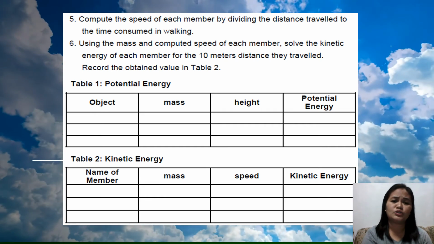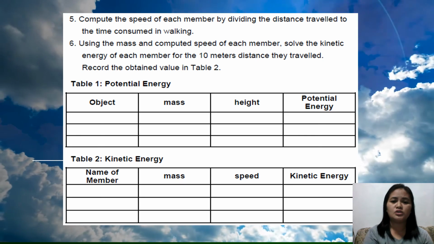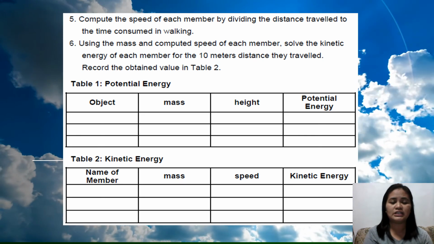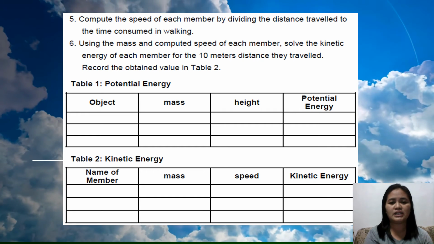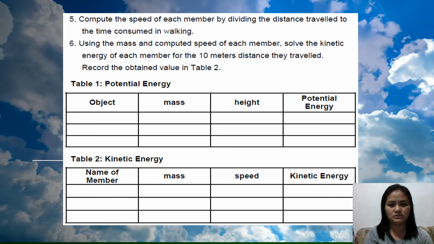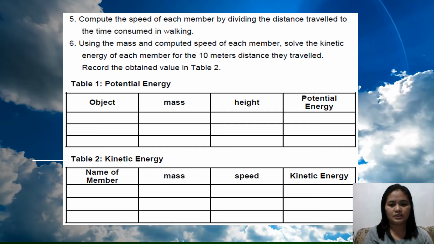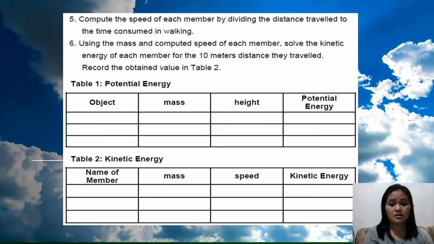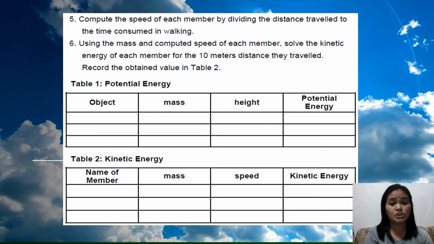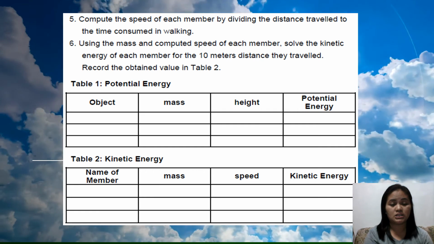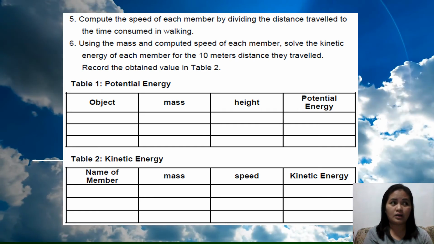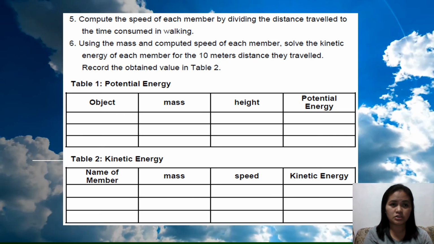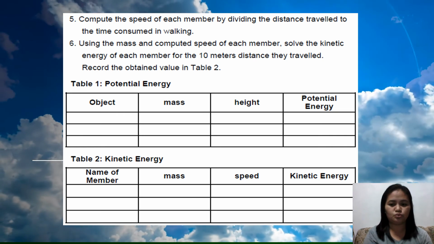Using the mass and computed speed of each member, solve for the kinetic energy of each member for the 10 meters distance they traveled. Ano yung formula ng kinetic energy? Natandaan nyo ba? KE is equal to 1/2 times mass times velocity squared, sabi niya doon.